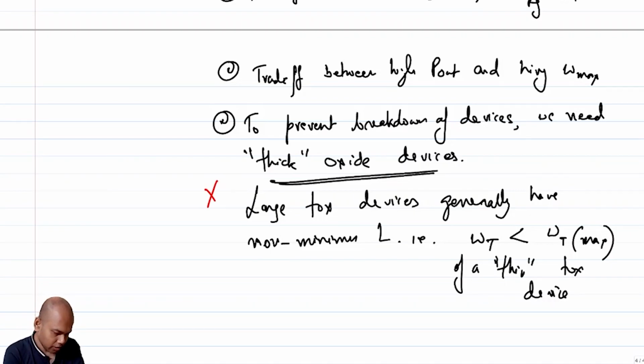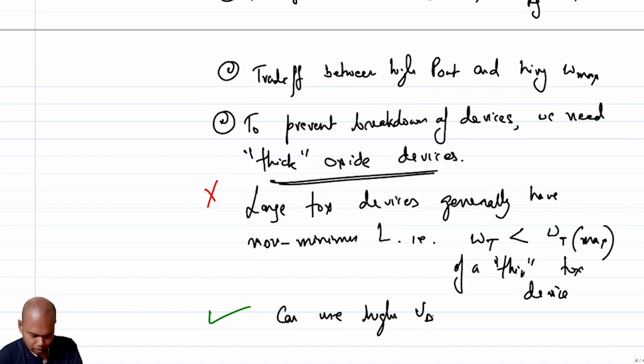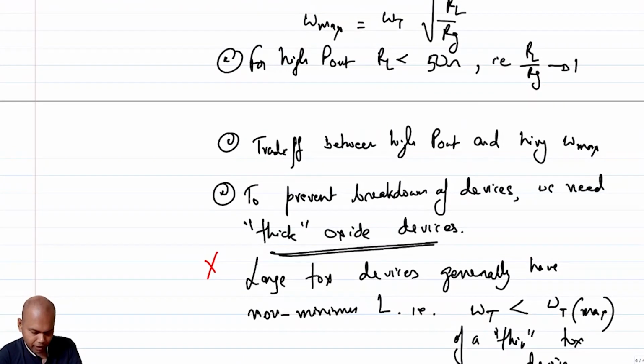But the good thing is that for a thick oxide device, you can use a higher power supply. Typically, if I take an example in CMOS, let's say you are using a 65 nanometer technology, the minimum channel length for a low voltage transistor will be about 60 nanometer, but the maximum VDD you can use will be about 1 volt, 1.1 volt.